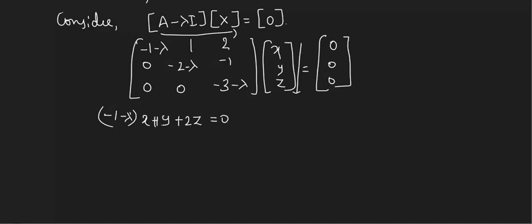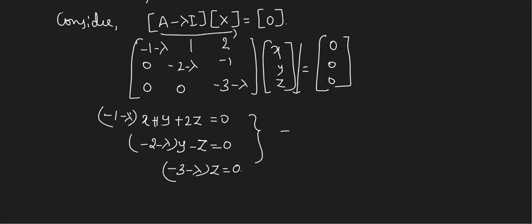Next equation: the coefficient of x is 0, so 0 into x is 0 only. Leave it. What will you get next? (-2 - λ) into y minus z equal to 0. What is the last one? (-3 - λ) into z equal to 0. Call it equation 1.